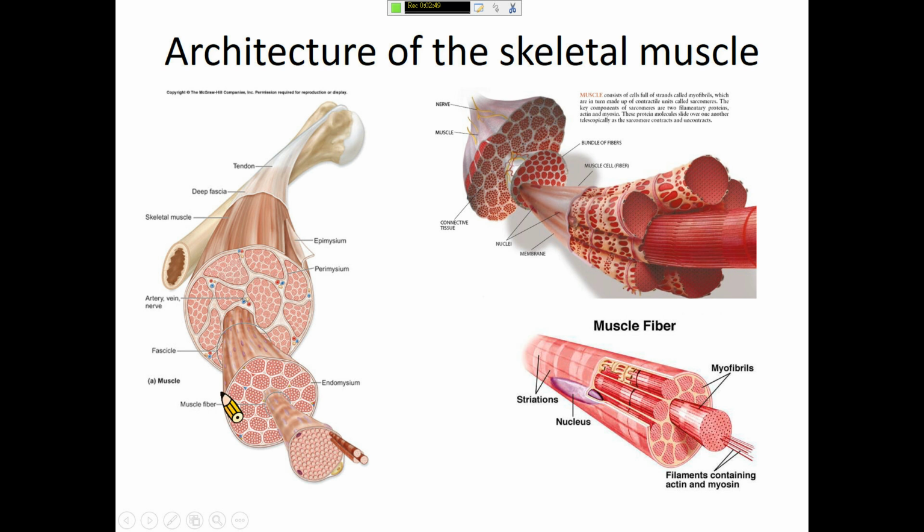The main part of the muscle, okay, looks like this. It consists of a lot of this kind of thing. Okay, this is a cross-sectional view of the muscle.